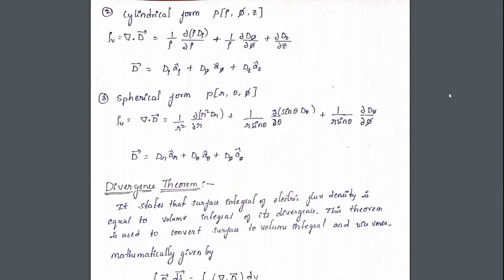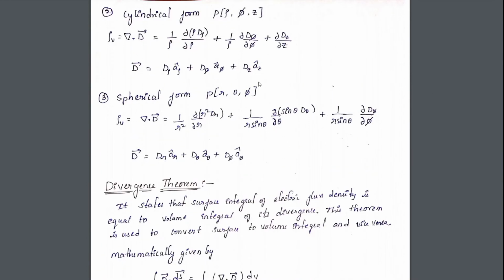So this is the divergence in cylindrical, and in spherical we use r, theta, phi. So write the corresponding equation which is shown. All these 3 divergences you need to learn, as well as remember the formulas. In this, MCQs can be on any of the divergences, and you need to identify which belongs to which coordinate system, or they may ask you to write the divergence in the respective coordinate systems.